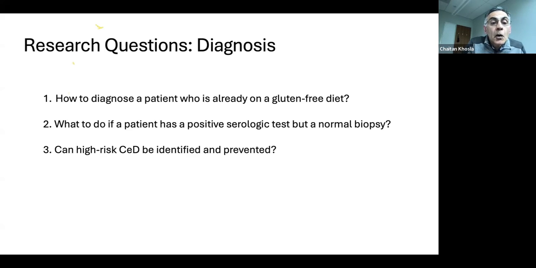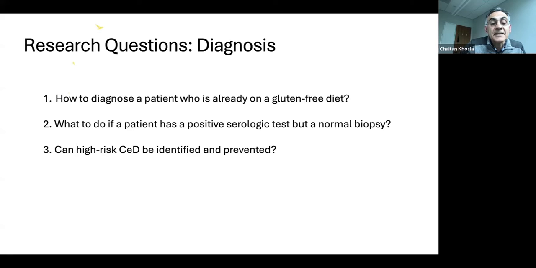Good. What to do if a patient has a positive serologic test but a normal biopsy? So these are patients who the field calls potential celiac patients. As Dr. Fernandez-Becker explained in that slide, the serological tests are quite sensitive and specific.